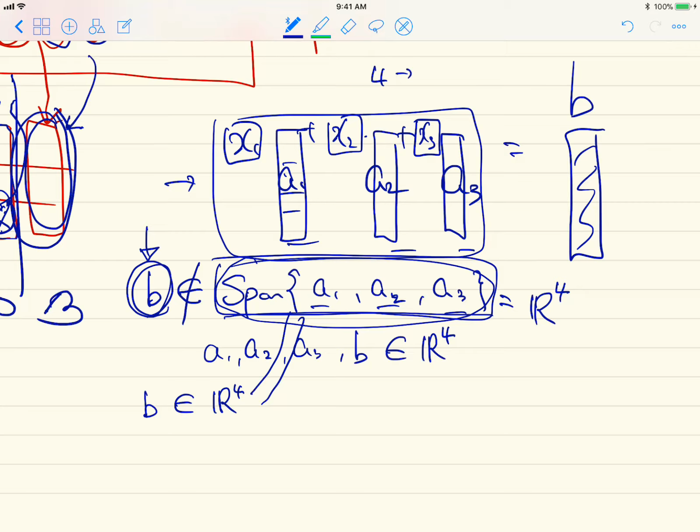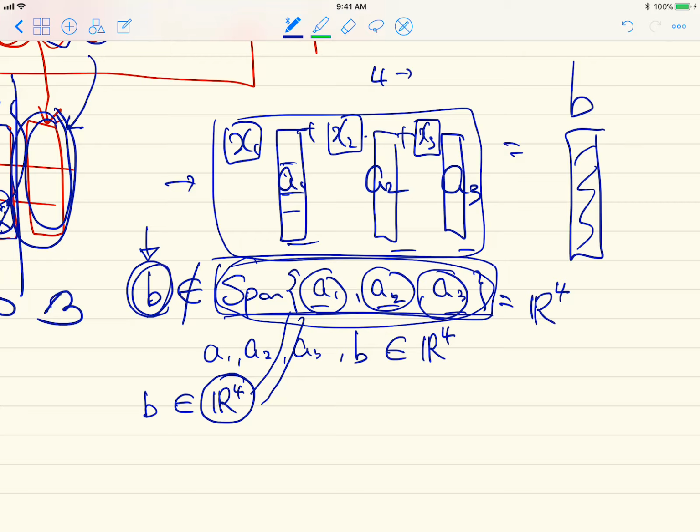So this was the theorem that we studied. But in this particular case it is not possible, because our entire space is a four-dimensional space, and we have only three vectors, right?